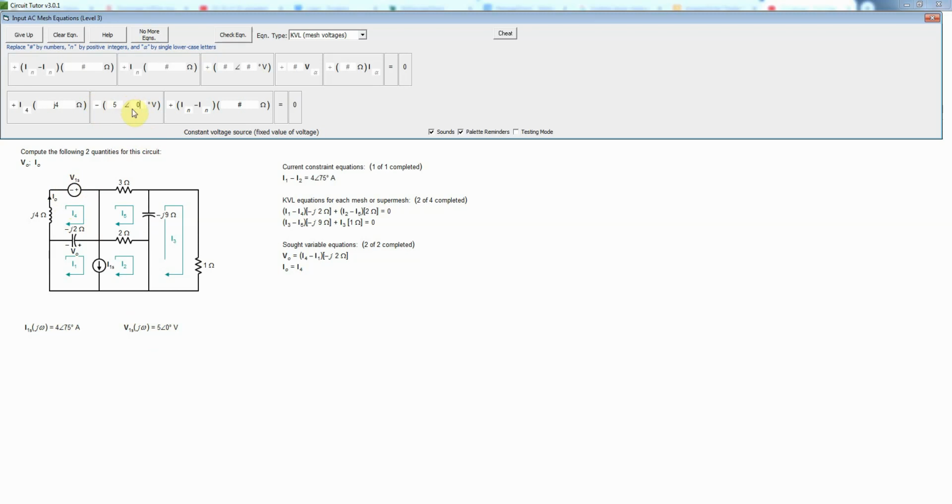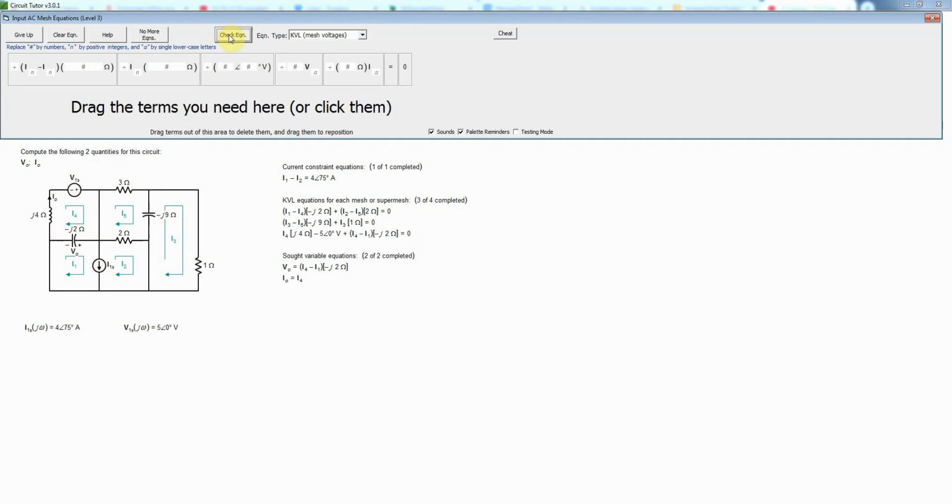That would be the same thing, given that negative 1 is 1 angle 180 degrees in polar coordinates. Then finally, coming back around here, we have I4 minus I1, the net current to the left through that negative J2 impedance. And we put in the impedance itself, which is negative J2 ohms, capacitive impedance. And that's correct.